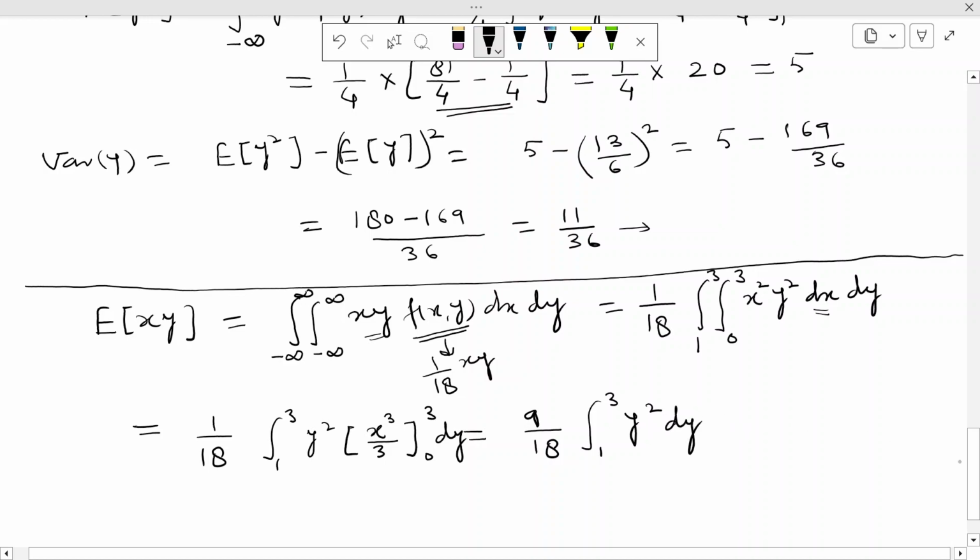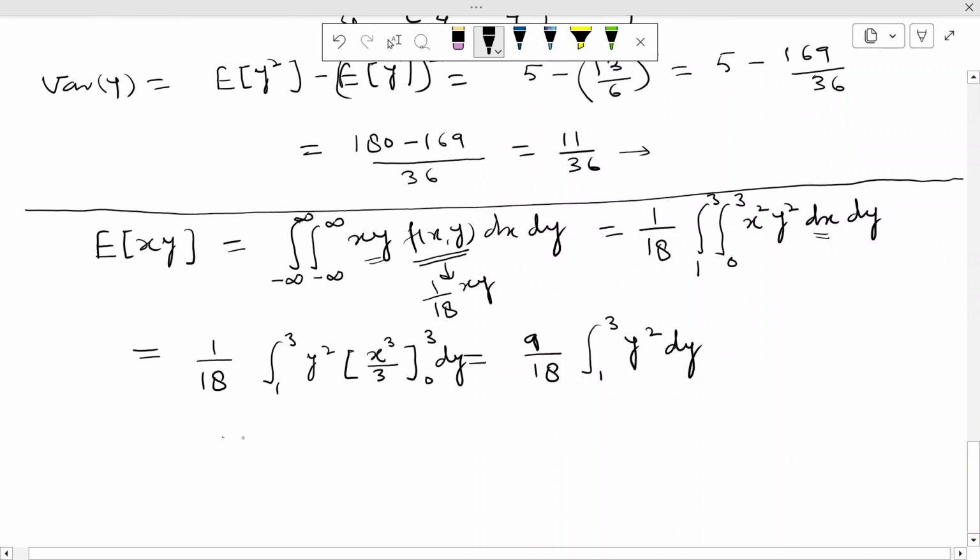Okay, so next, when we integrate, you can write this 9 by 18 as 1 by 2. So this will be 1 by 2, and when you integrate this y square, it is again coming out as y cube by 3, and the limits are 1 to 3. So this is 1 by 2, and this is 9 minus 1 by 3.